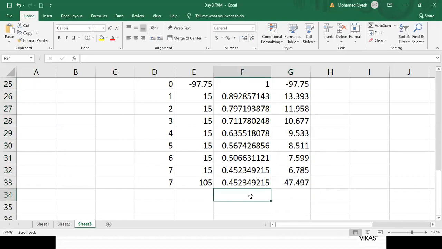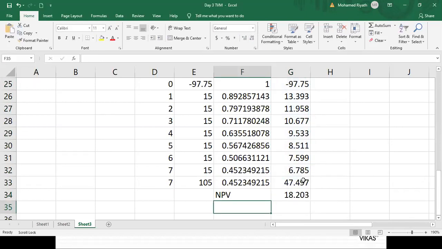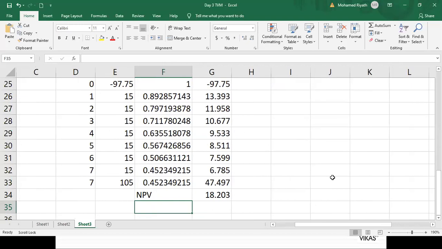Now the NPV is 18%. It's a plus value, and we will take another rate.